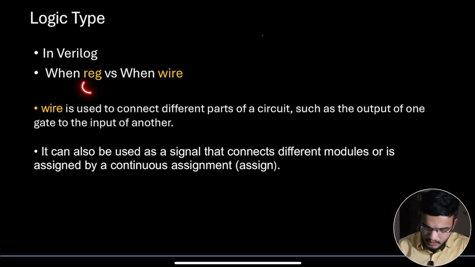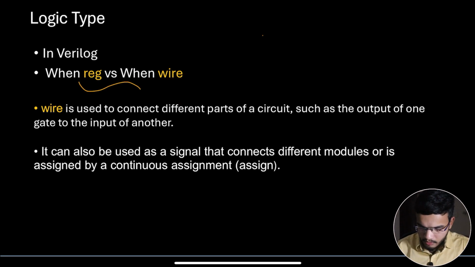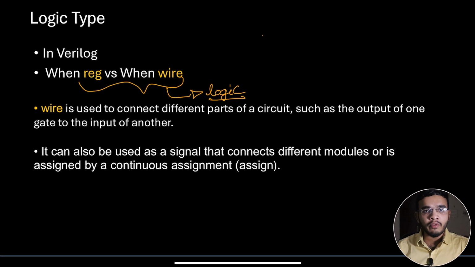Now these two constructs were replaced by a construct called logic in SystemVerilog. So in place of both reg and wire, you can use logic in SystemVerilog. But one drawback that logic has is it cannot support multiple drivers.